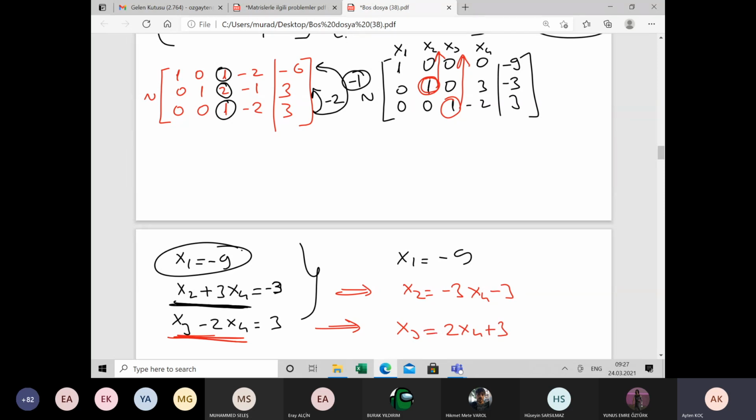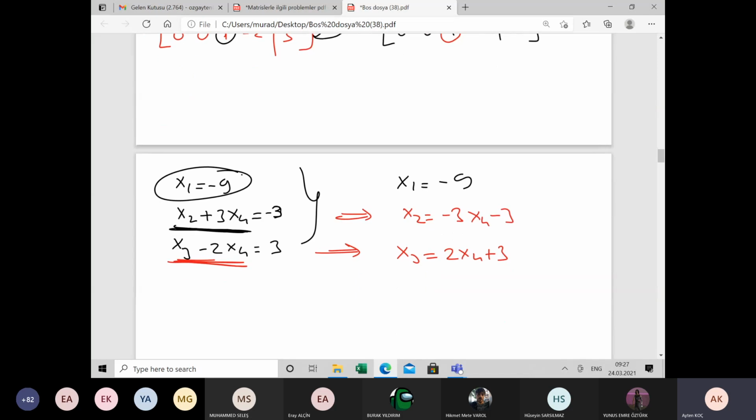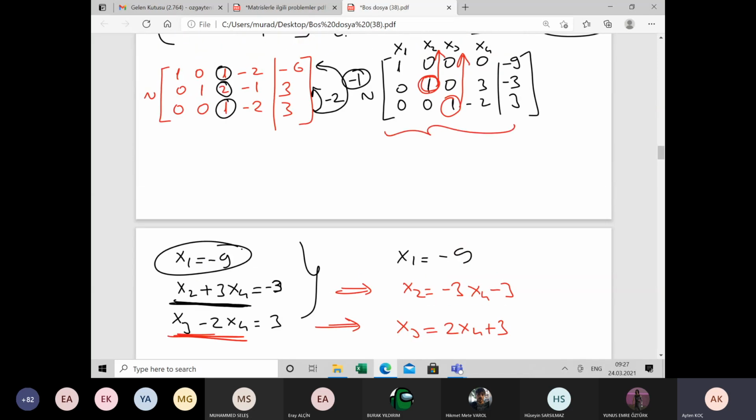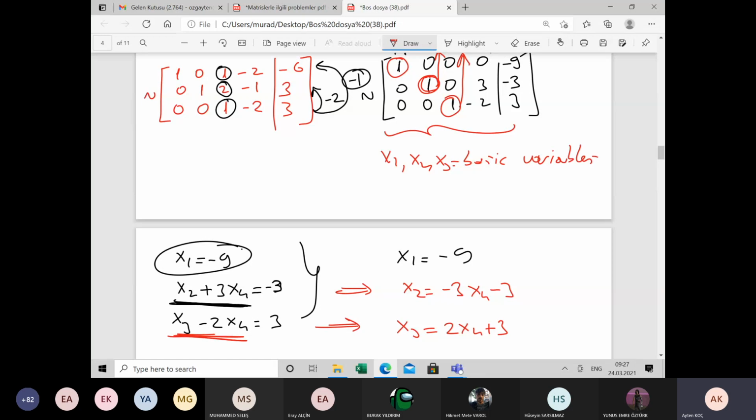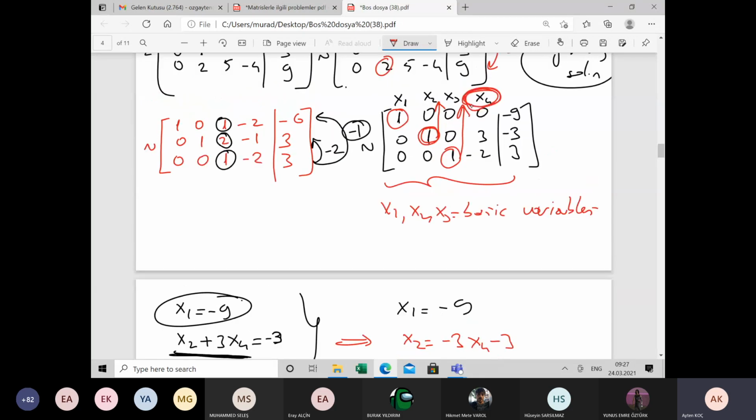Look at the last matrix. We have three leading ones, which means x1, x2, x3 are basic variables. Look at x4: there is no leading one for x4, which means x4 is a free variable.